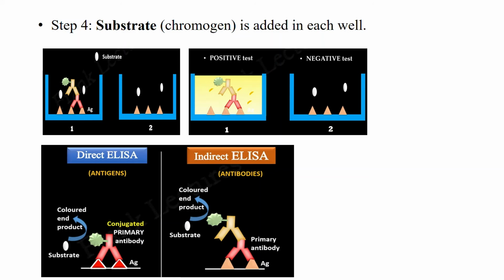And if you look at the indirect ELISA, here we have the primary antibody between the secondary antibody, that is an enzyme conjugated antibody, and the antigens. And again here also we have added the substrate, and there also a color change has happened. So this is the difference between the direct ELISA and the indirect ELISA.